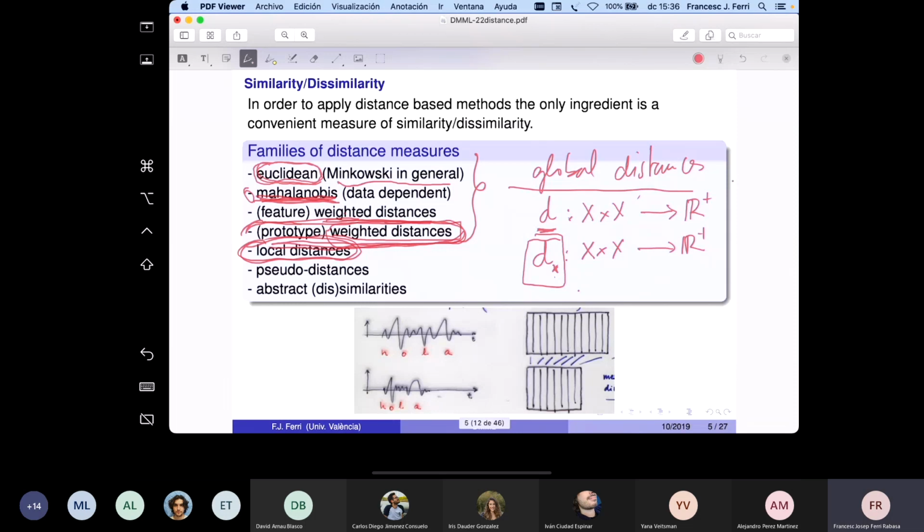Any questions about distances? I don't know if you were familiar with Minkowski distances. Not me. No? You've never heard about the Manhattan distance? Yes. Manhattan distance is one case of a Minkowski distance.